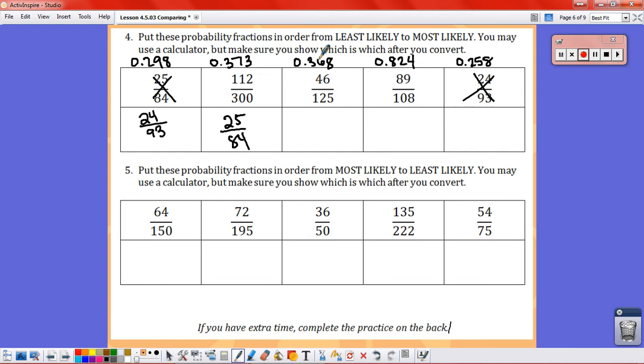Next smallest is the 368 here. Then 112 over 300, which is 373 thousandths, and then the 89 over 108. And then this is the same way, except for it's most likely to least likely.